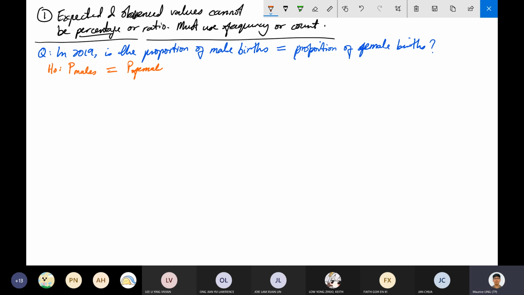Okay, so from here, what is the alternate hypothesis? Joey, what will be the alternate hypothesis? That is not equal. Not equals, correct. So the proportion of male births is not equal to the proportion of female births. Okay, so that we can actually construct the chi-square test.